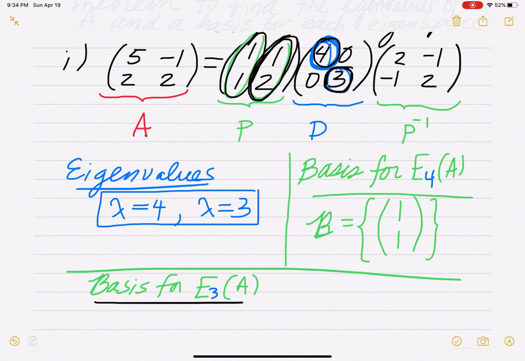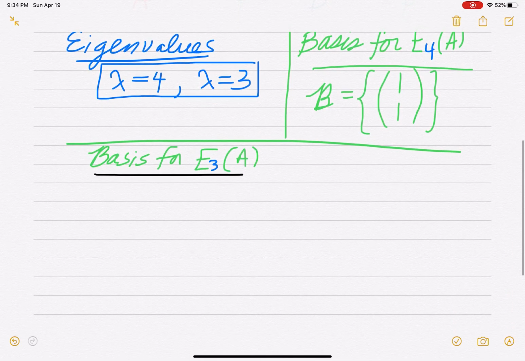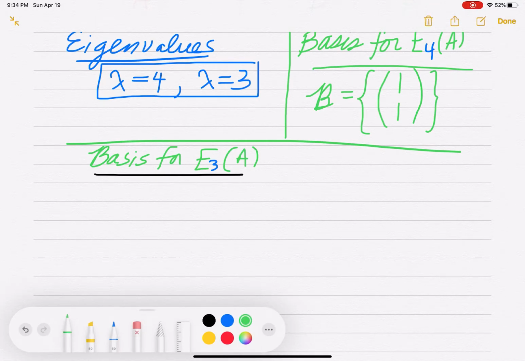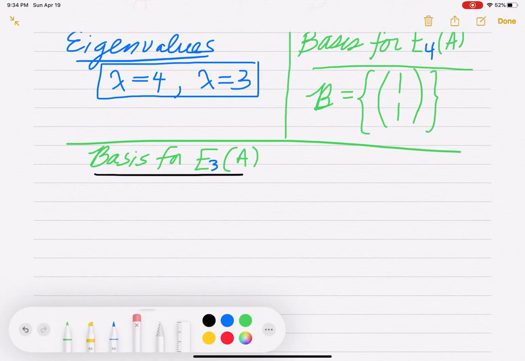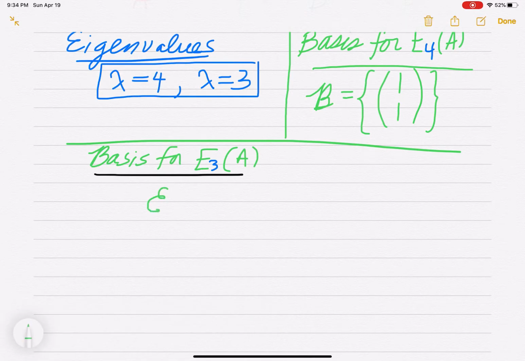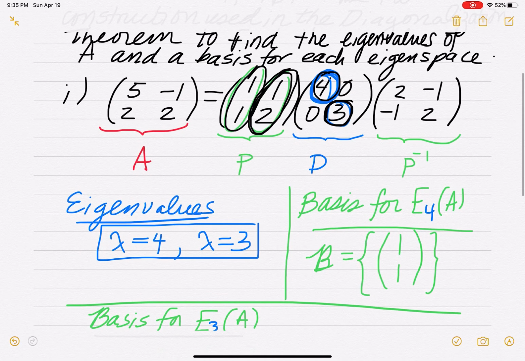So we're going to write the basis for the eigenspace associated with 3, I'm not going to call it B, I'm going to call it script D, the set containing which vector? 1, 2.